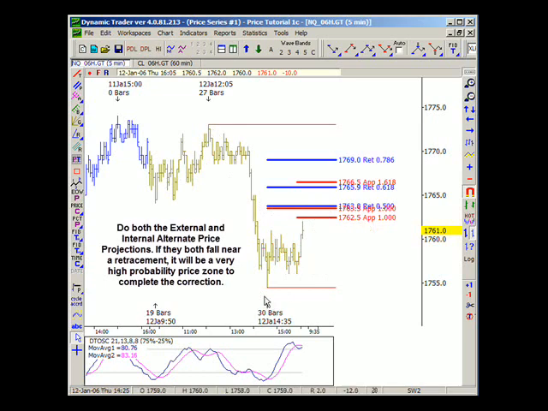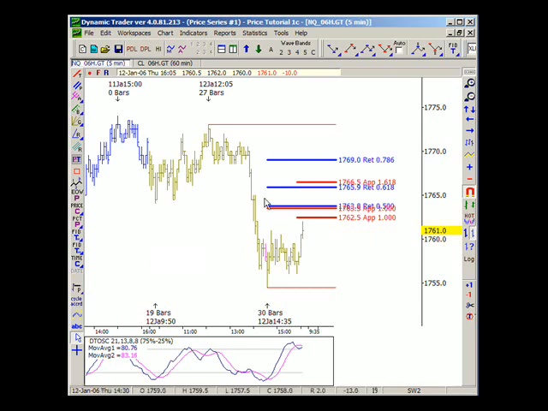So we have a great zone right around 50% that has a high probability of completing a corrective rally coming off of this low, followed by the continuation of the bear trend, and we've identified it in advance. We do these in real time, as these are just 5-minute bars. This is 5-minute NASDAQ. As the bars are added and we have made our prior swings, we can do our alternate price projections and our retracements.